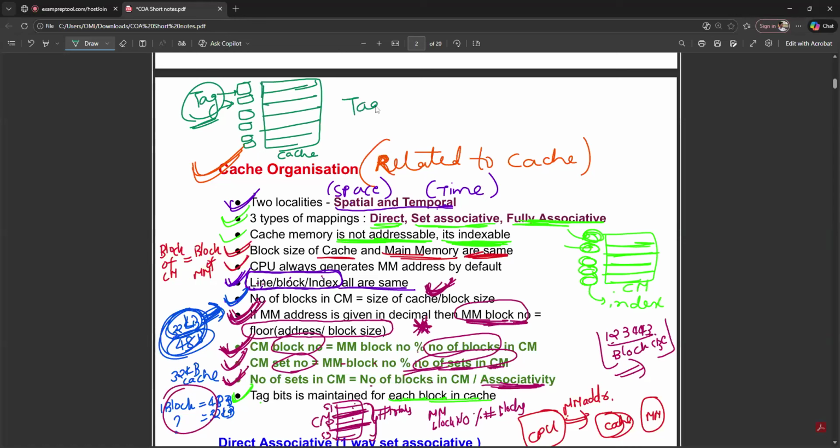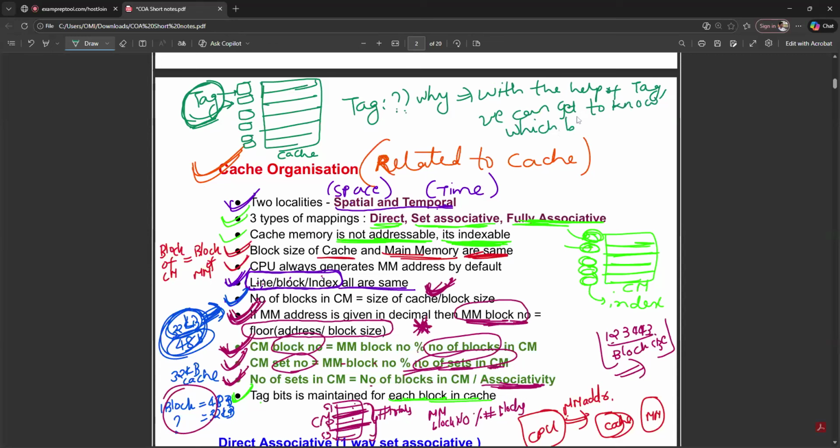And what is the use of the tag? With the help of the tag, we can get to know which block is present.